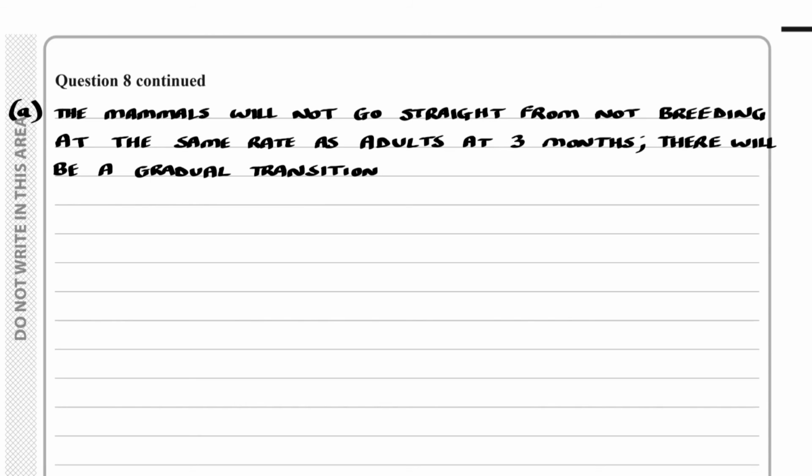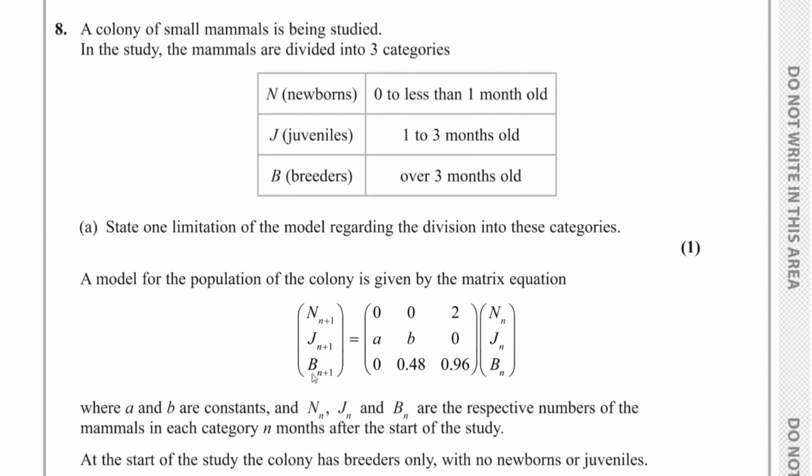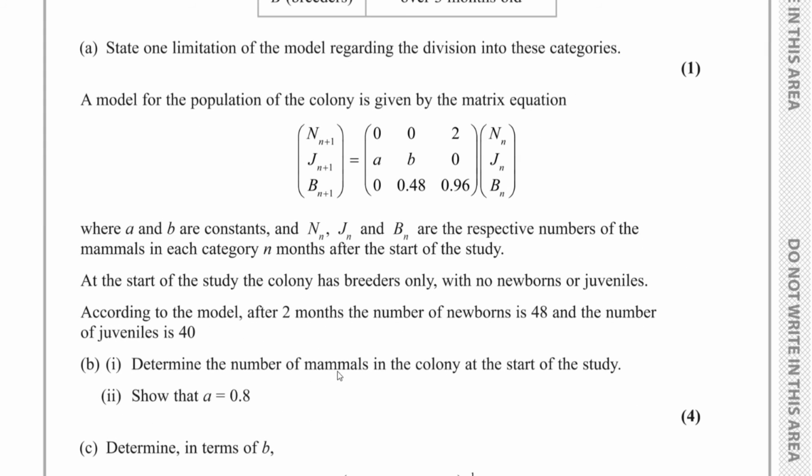Now, the first thing we can do is let the number of mammals at the start of the study equal x, because we have to find the number of mammals in the colony at the start of the study. What we know is that there are no newborns and no juveniles at the start, only the breeders.